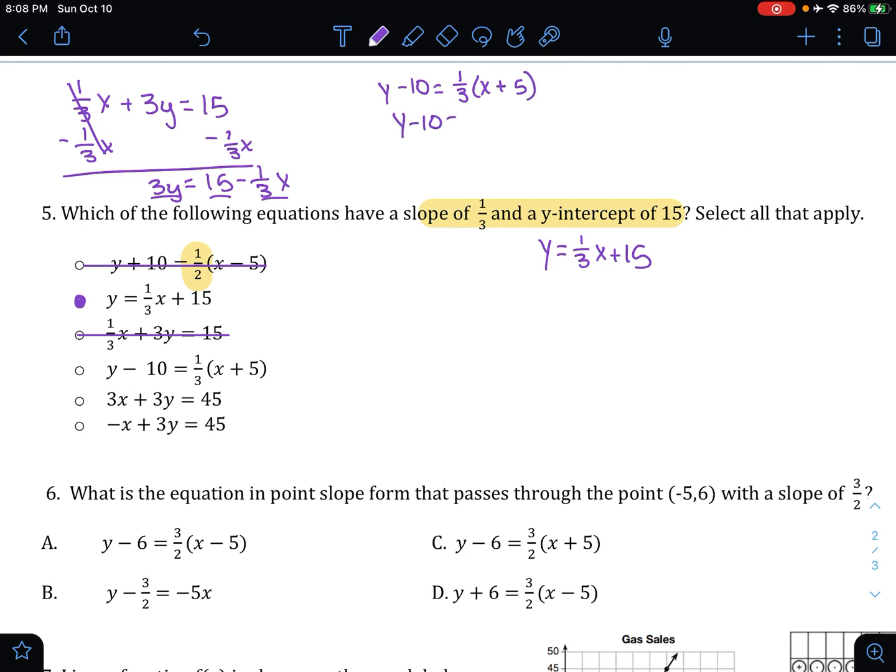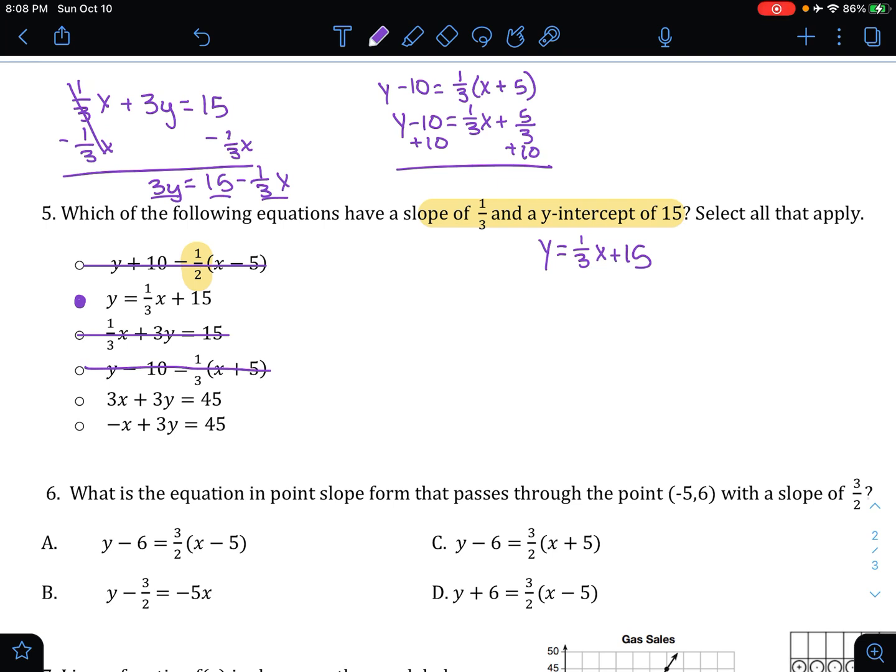When we do that, we get y minus 10 equals 1/3 x, and 1/3 times 5 would be 5/3. And if I try to add 10 to both sides, I'm not going to end up with 15, so that's not going to work either. So we can eliminate that answer choice.